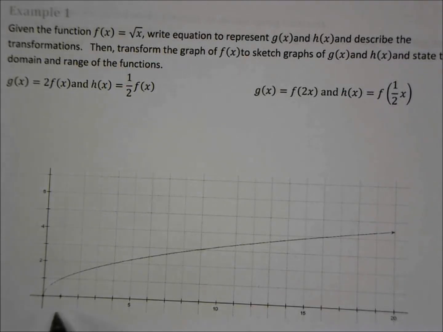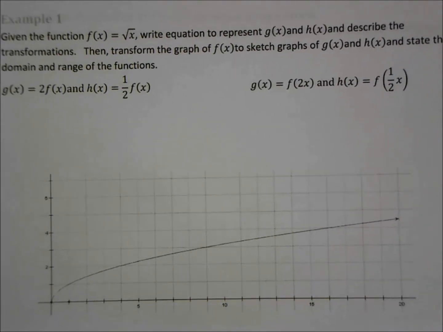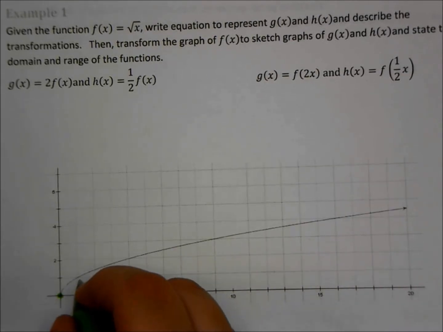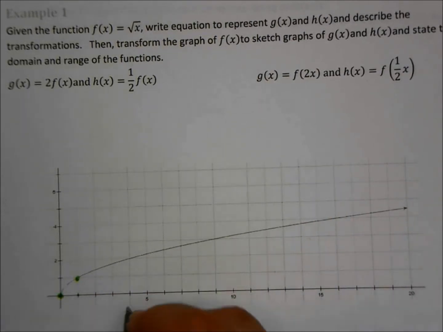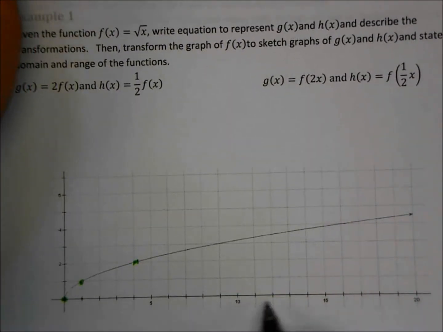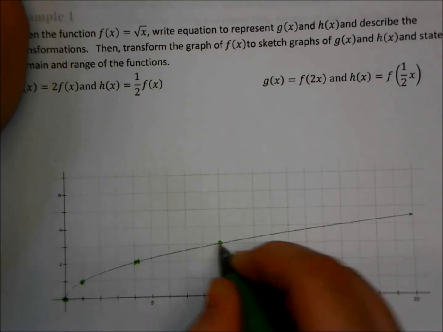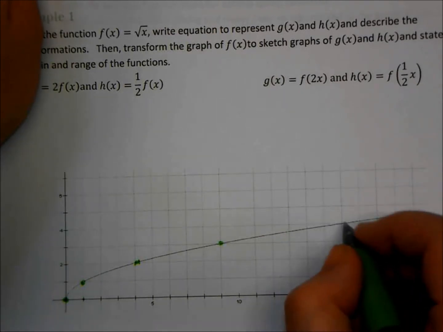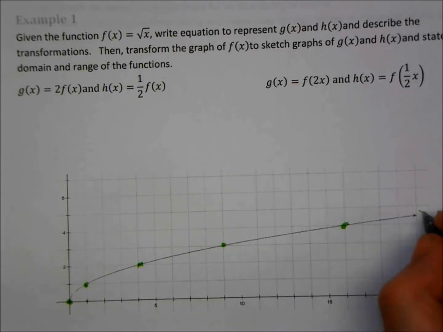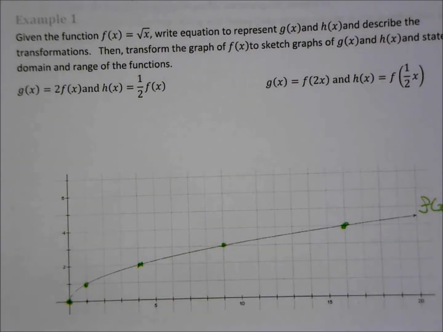So here we have our basic unmodified square root function, with points 0, 0, 1, 1, 4, 2, and 9, 3, and this one goes all the way out to 16, 4, and beyond. So this is my f of x function, my basic parent function.